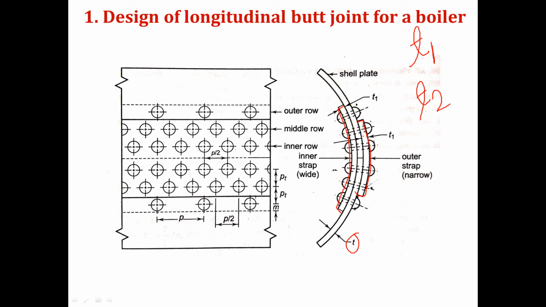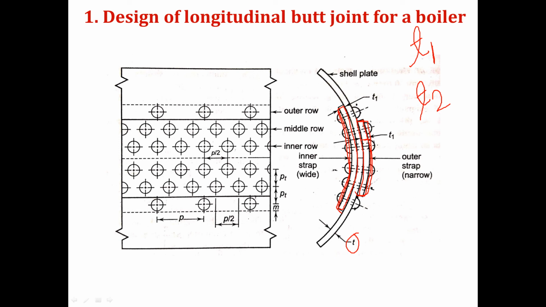So it may be a case that T1 is equal to T2, and it may be a case that T1 is not equal to T2. This is your T1, the outer strap, and this inner strap thickness is T2. Either T1 is equal to T2 or T1 is less than T2.